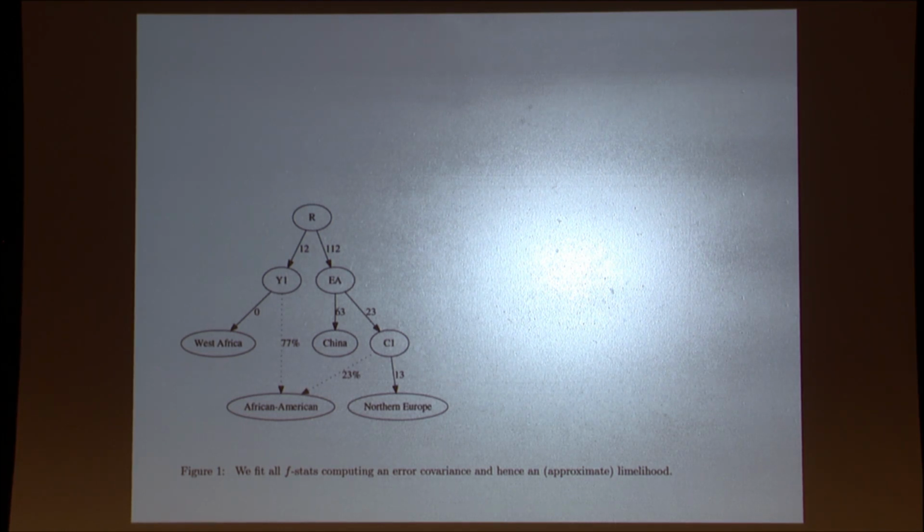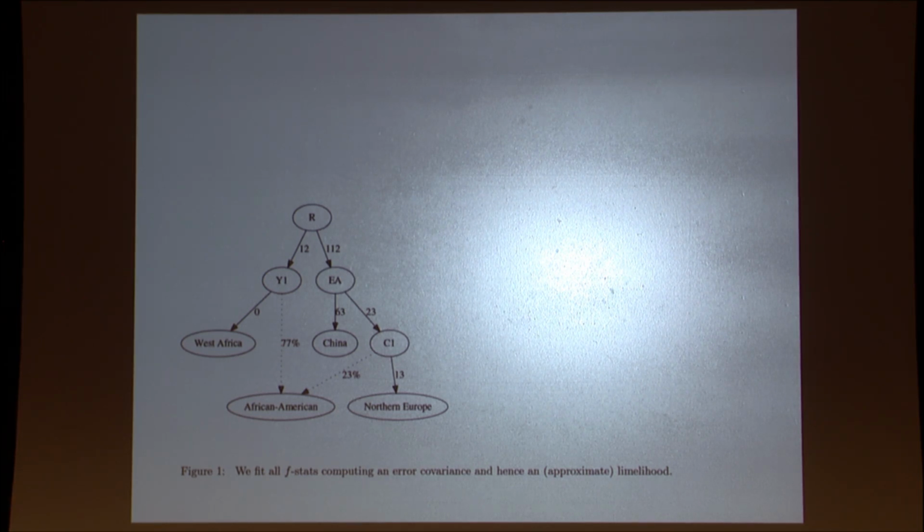So you wind up with a parametric model from this, and given such a model, we can calculate theoretically the expected value of any F statistic. And we can also compute an error covariance.